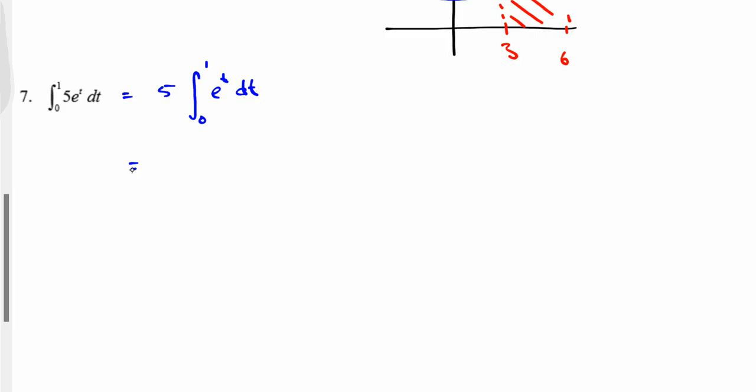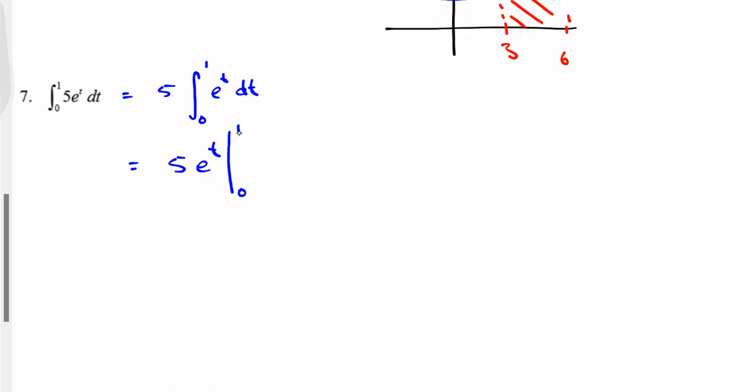E to the t. But we don't need the c. Now, here's a variation in the notation. If I have just one term, as in things multiplied together, rather than doing the square brackets on both sides, sometimes we'll just do a single line, and then we'll do the 0 to 1 like that.